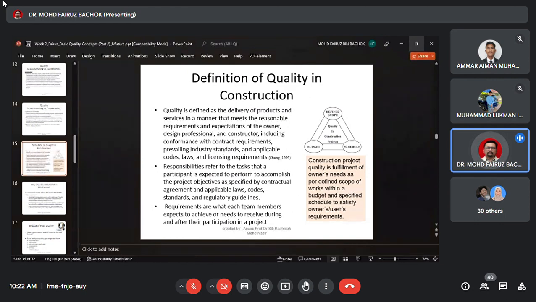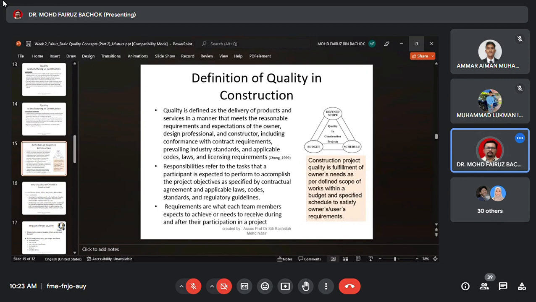Responsibilities refer to the tasks that a participant is expected to perform to complete the project by the date expected by the contractual agreement, the law, code, standard, and regulations. Whatever you are going to do at the construction site, make sure it is what has been specified in the contractual agreement, law, code, standard, and regulatory guideline.